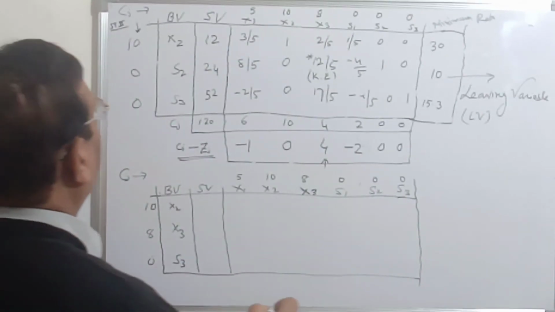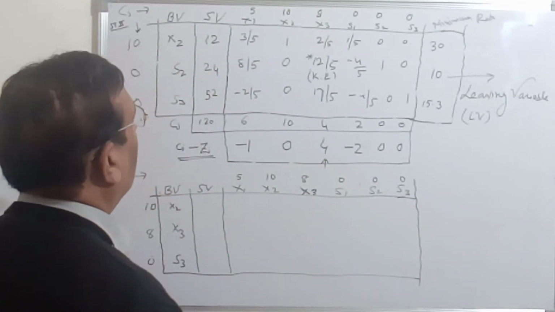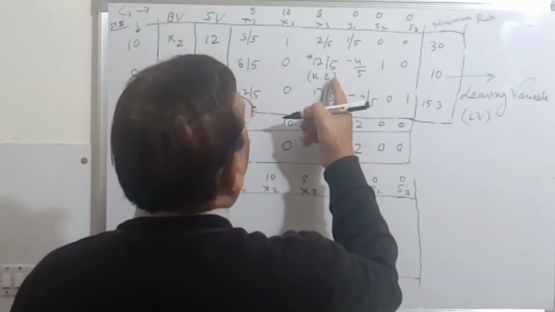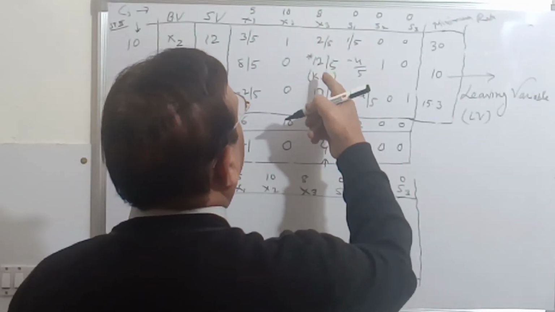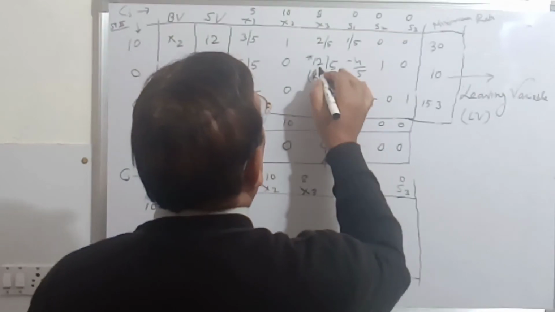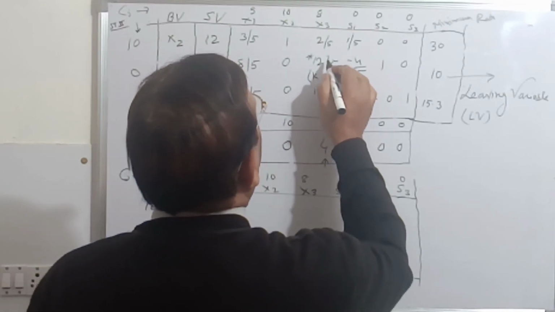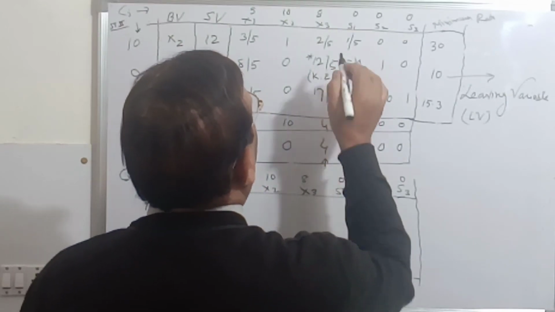Now, this is the key element row where at the intersection you have to make it 1. Then multiply each and every element of the row by 5 by 12.